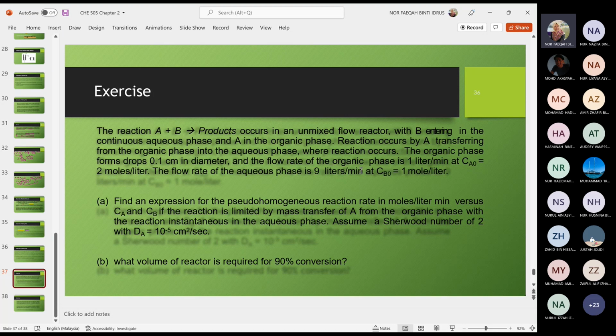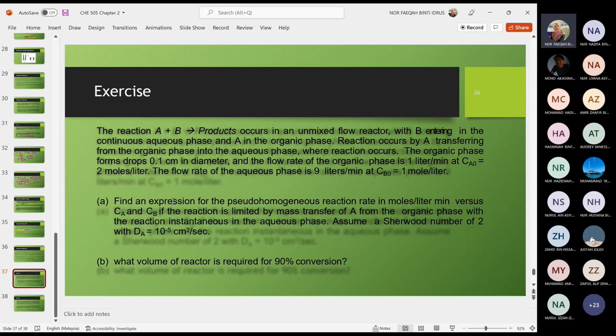And the volumetric flow rate of the organic phase is 1 liter per minute, at initial concentration 2 moles per liter. The flow rate of the aqueous phase is 9 liters per minute and the initial concentration of B is 1 mol per liter.